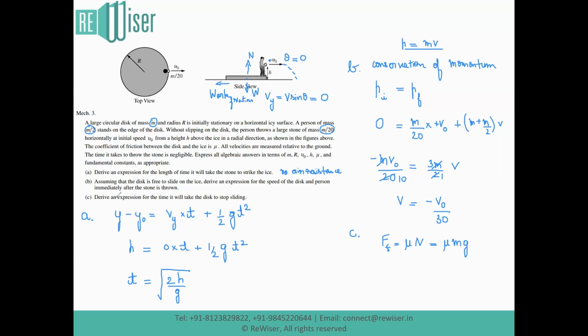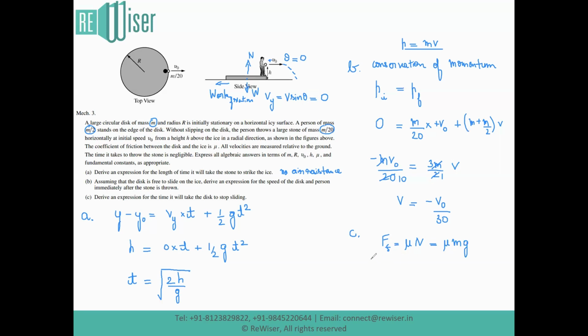Now, we are asked to derive an expression for the time it will take the disk to stop sliding. The disk will stop sliding exactly when the work done against friction is equivalent to the force applied by the friction times its displacement.